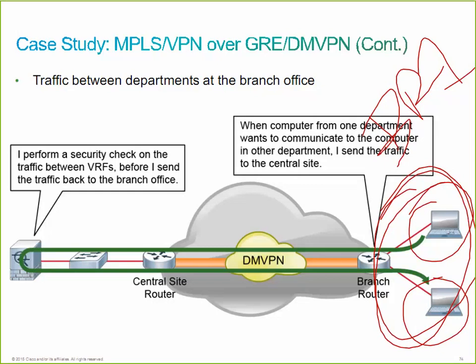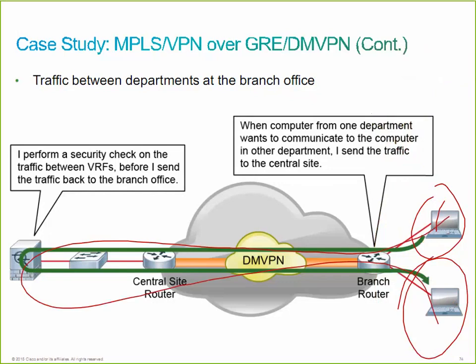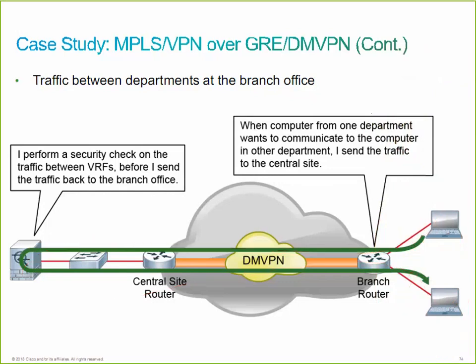If I wasn't concerned about security between those two VLANs or between those two departments, we could just simply pass that traffic locally over a local switch and not worry about it. But in this case, because I'm trying to isolate this traffic, even though I'm allowing this traffic to pass, my policy is centralized. I'm allowing that traffic to pass based on a centralized policy that's configured on the firewall.